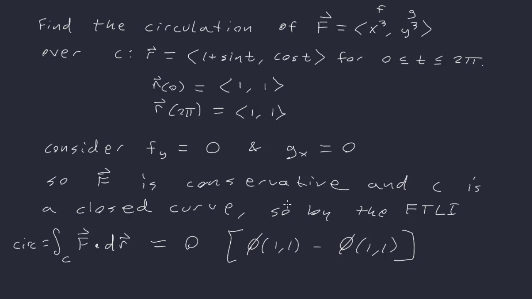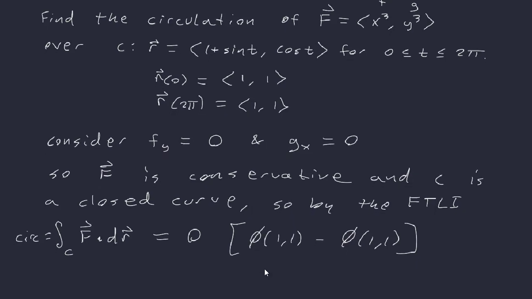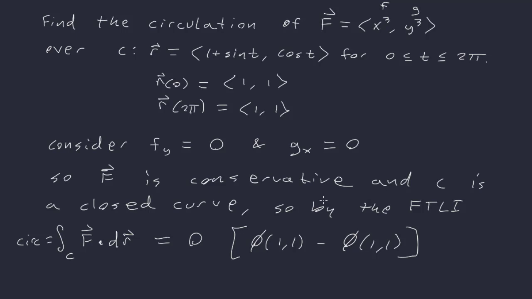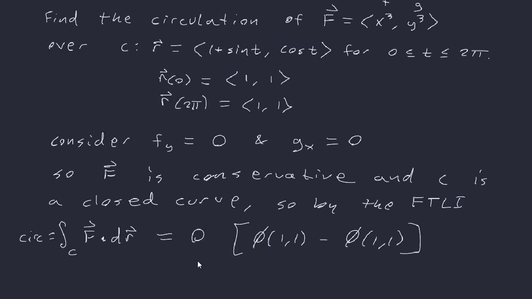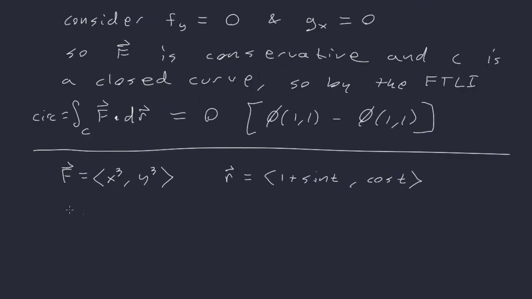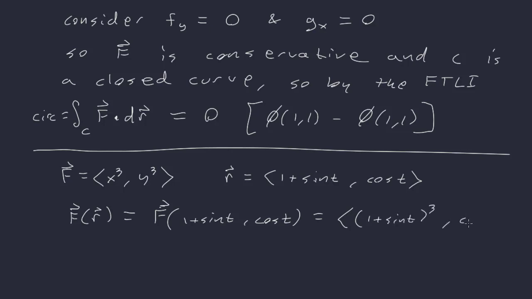What's nice about this is if we tried to do this the long way, if instead we found our F of r, which would be F of 1 plus sine t, comma cosine t, we'd get the vector (1 plus sine t) cubed, comma cosine cubed t.